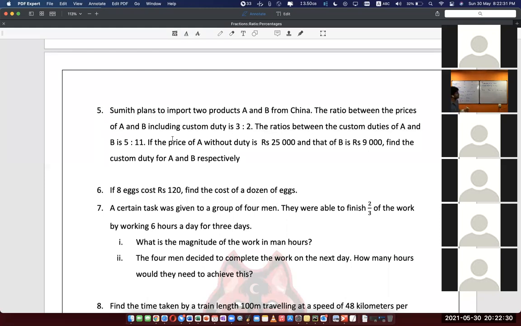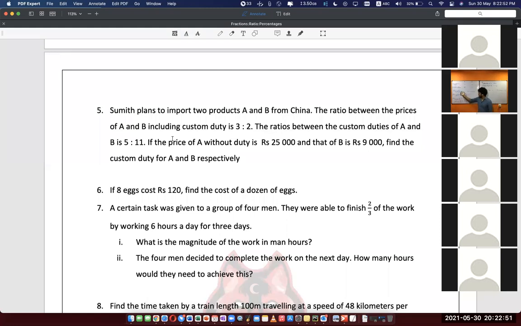Okay, so what did I do so far? In the question, it is given price including custom duty is 3:2. Custom duties are in the ratio 5:11. And also it is given in the question price of A without duty, that means without tax. This duty means tax.